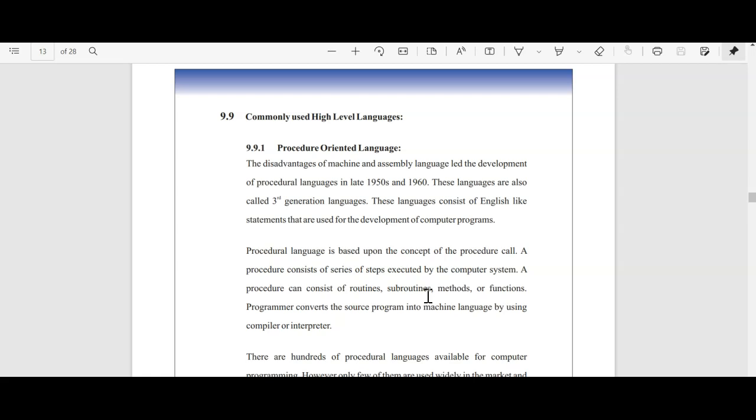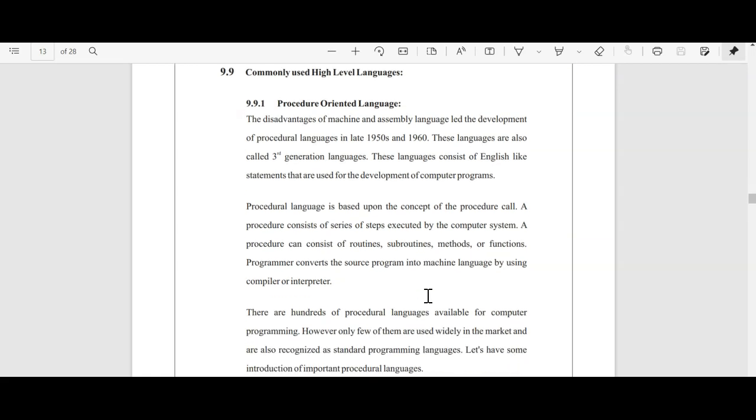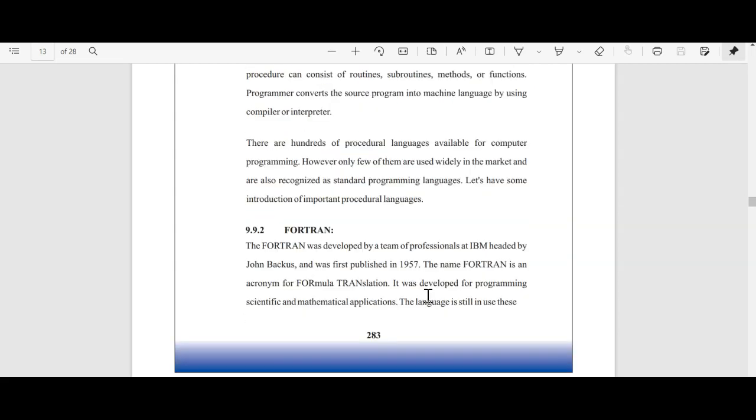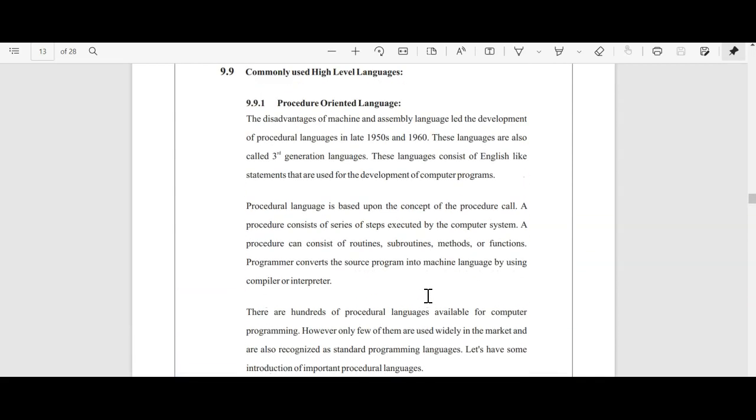In high level languages, there are procedure oriented languages, which are those languages in which you follow some procedure. With procedure oriented languages, you give the instructions line by line, you don't have any structure, you have not organized your instructions, you are just giving instructions in one go.